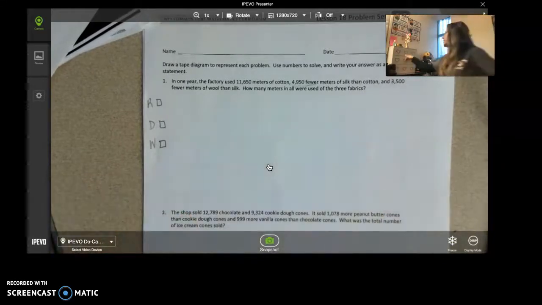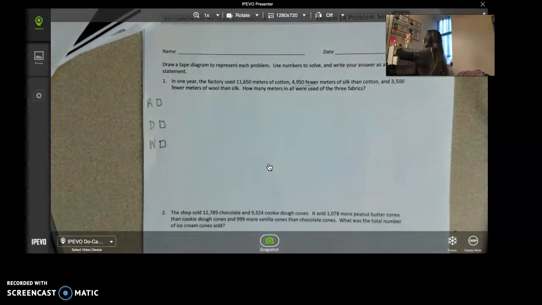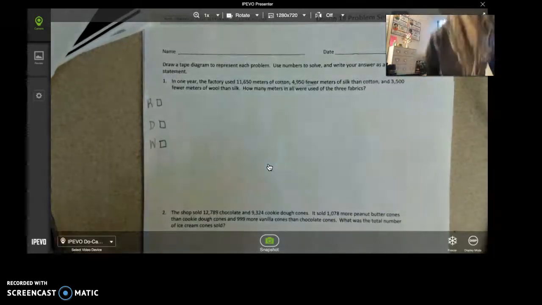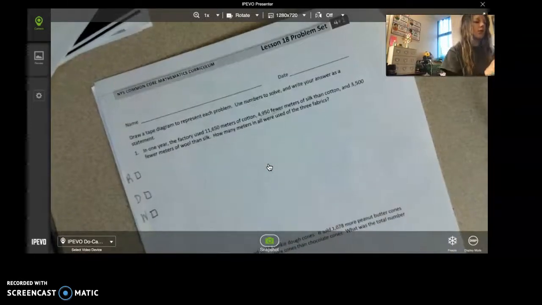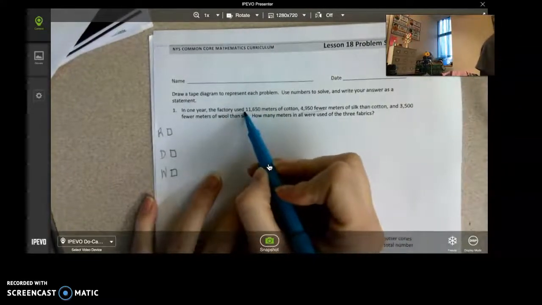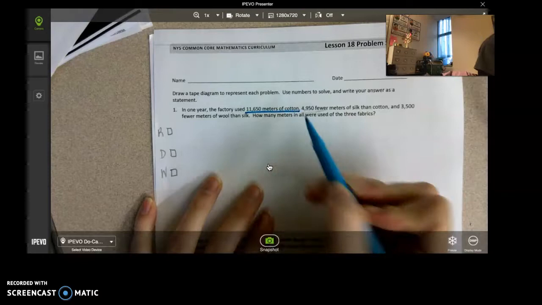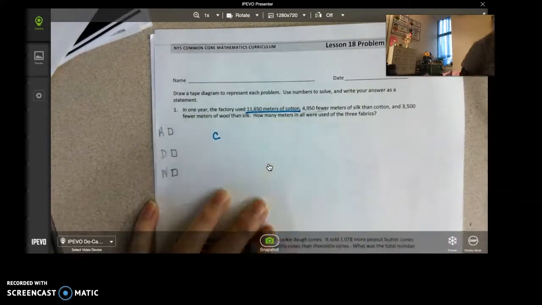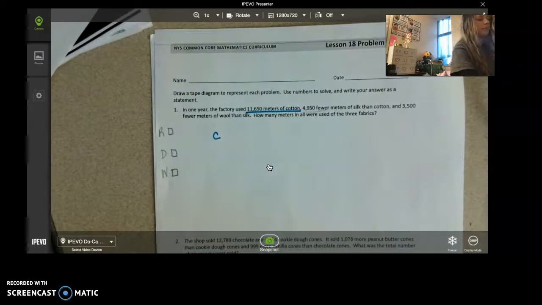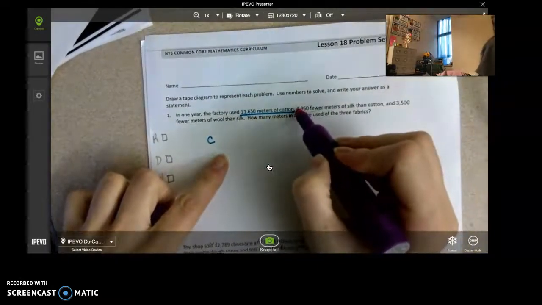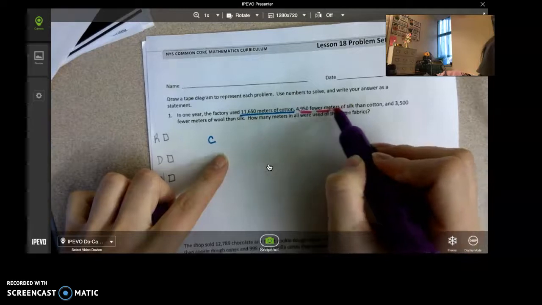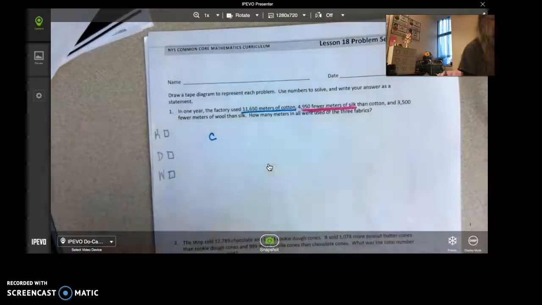Well, I can clearly see my three categories. Can you? Awesome. If you're somebody who's really visual, you can highlight with three different colors. That way you can clearly see what it is that you're talking about. So I'm going to see that 11,650 meters of cotton. So I can write a C for cotton. 4,950 fewer meters of silk than cotton.